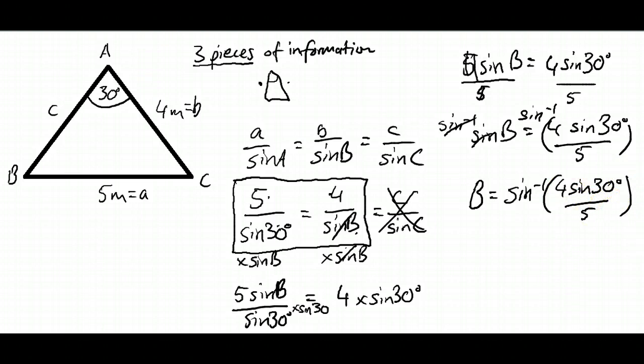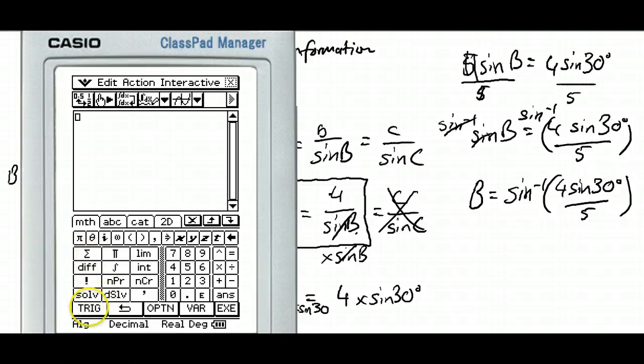Okay, let's put that into a calculator. In the calculator we've got to go to the trig functions, make sure that it's measuring in decimals here, and that over here the angles are in degrees, not gradians or radians. We want DEG for degrees. Now we can enter this into the calculator.